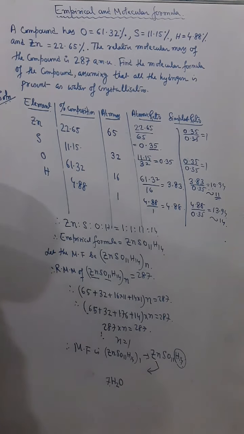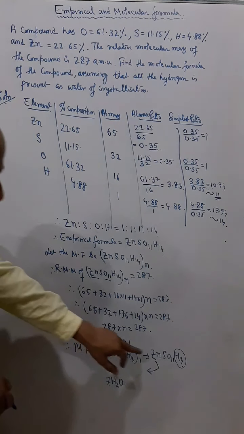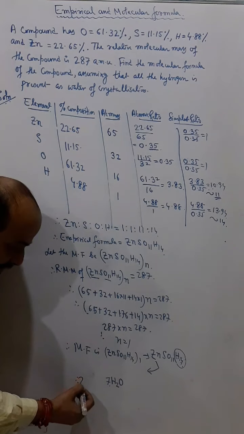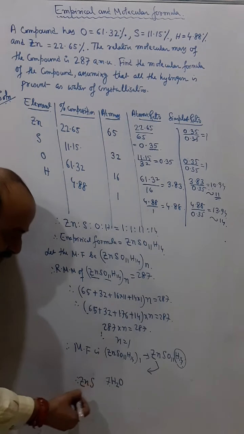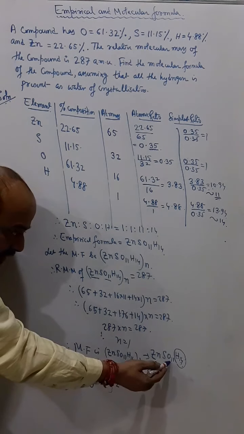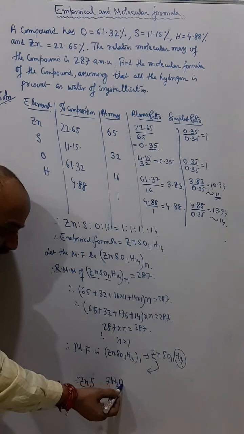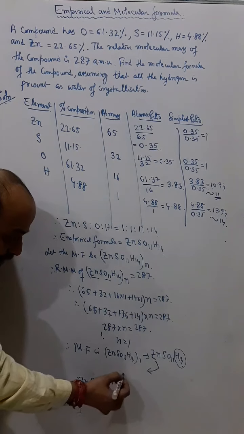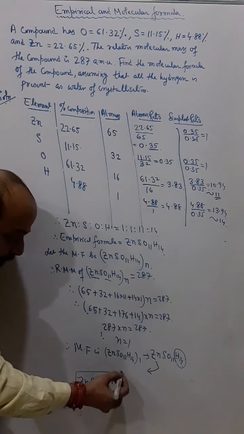That means 4 oxygen still left, and Zn and S are 1 and 1. So Zn and S will be as it is, and oxygen there is 11. Out of that 11, 7 has gone, 4 is left. So it is ZnSO4.7H2O. So the formula will be written like this.